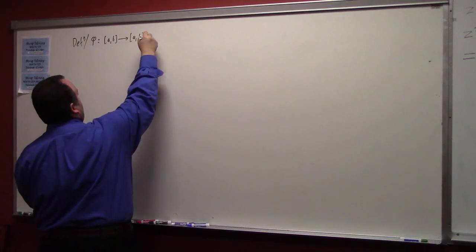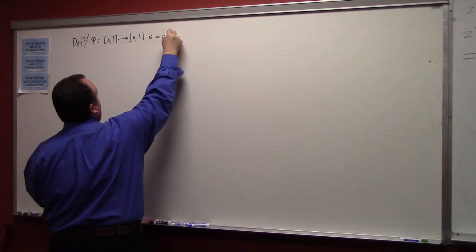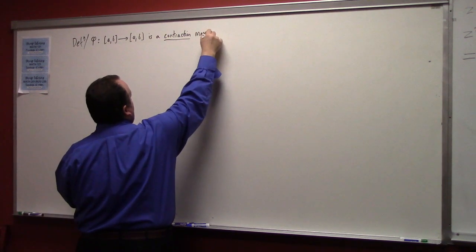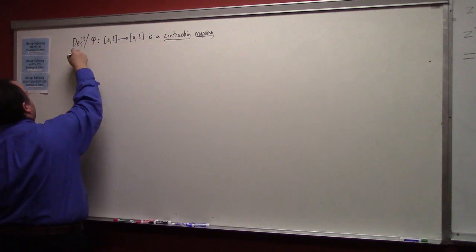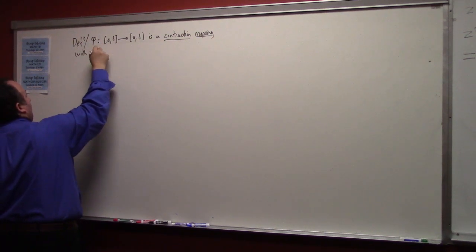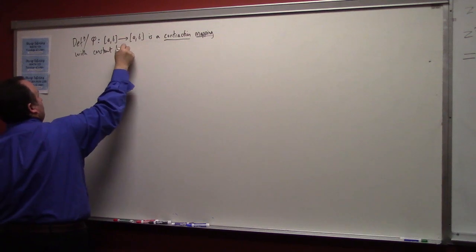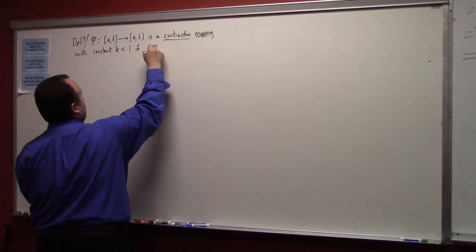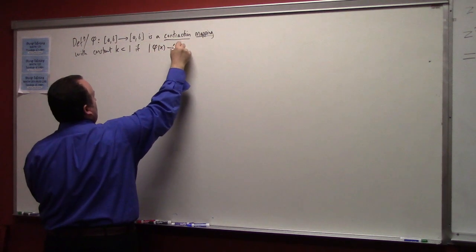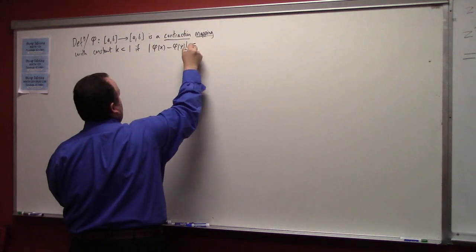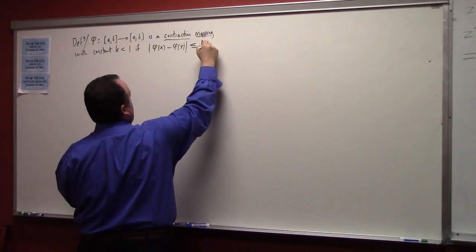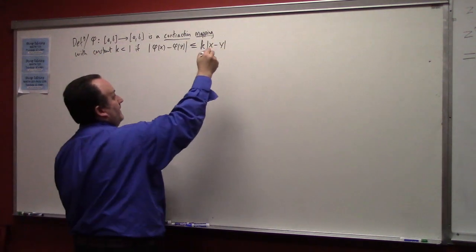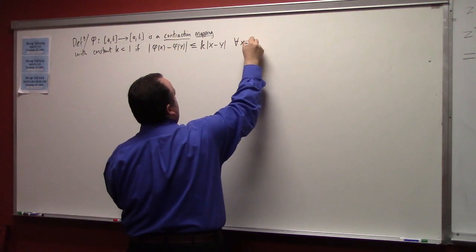It's called a contraction mapping with contraction constant k less than 1 if the absolute value of phi of x minus phi of y is less than or equal to k times the absolute value of x minus y for all x, y in [a, b].